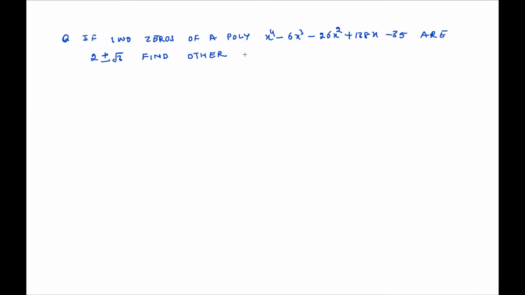Now this question is from the NCERT book and it is from the optional exercise. If two zeros of a polynomial x⁴ − 6x³ − 26x² + 138x − 35 are 2 + √3 and 2 − √3, find other zeros.